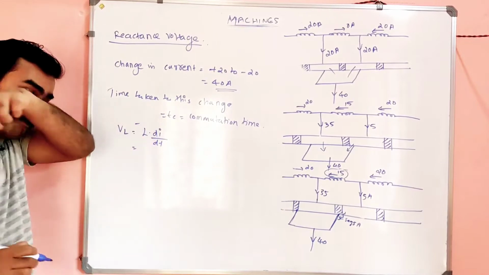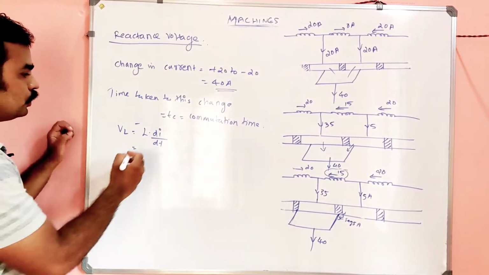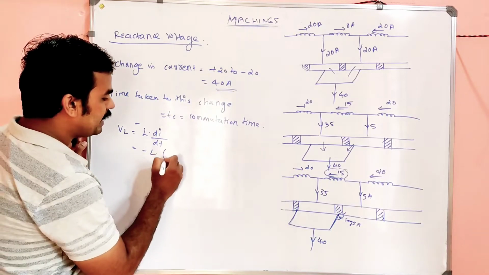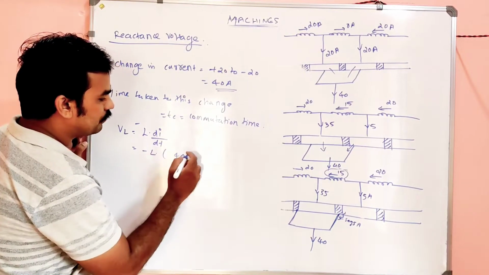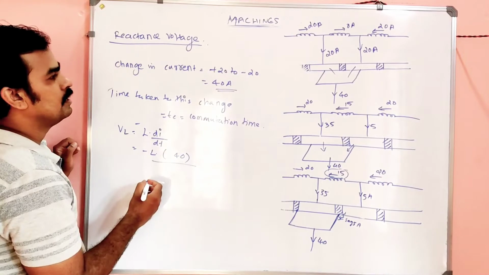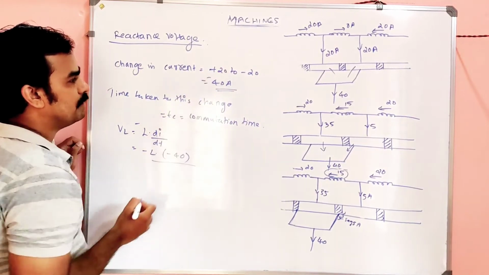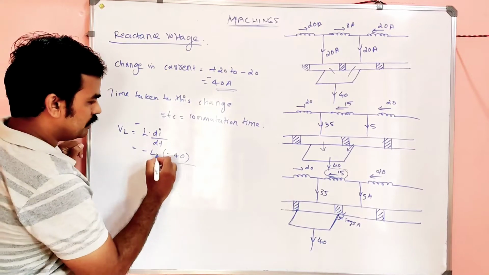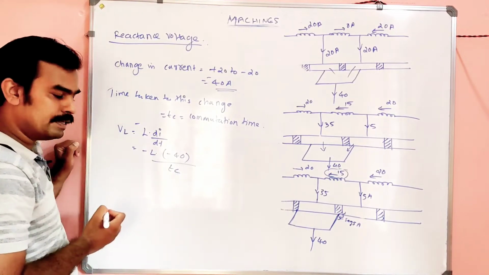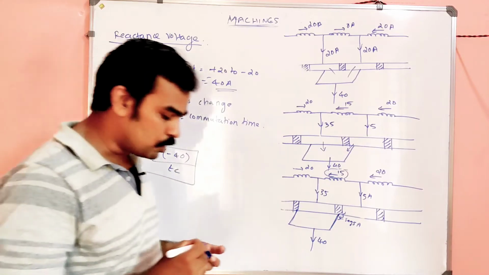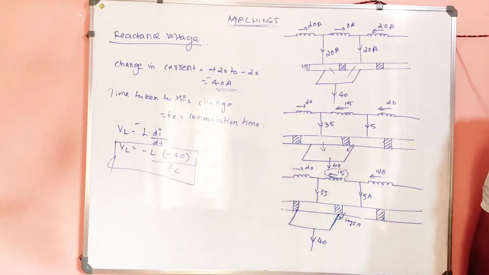So definitely there should be some inductance value L. Di is nothing but 40, the change in current from plus 20 to minus 20, divided by dt, where dt is simply Tc.